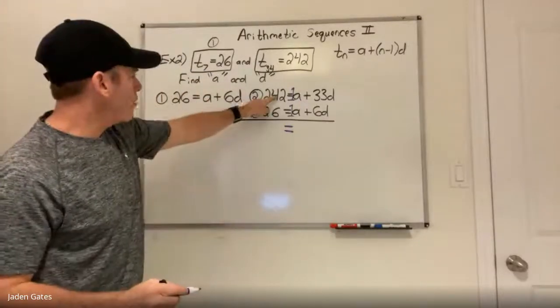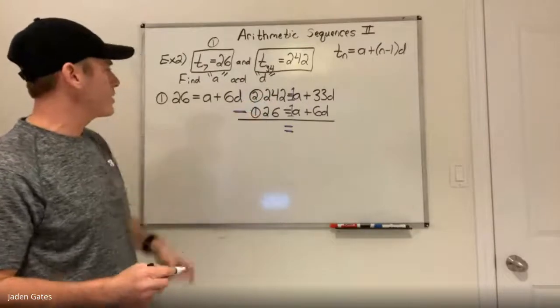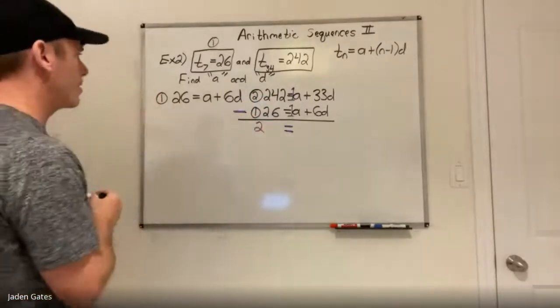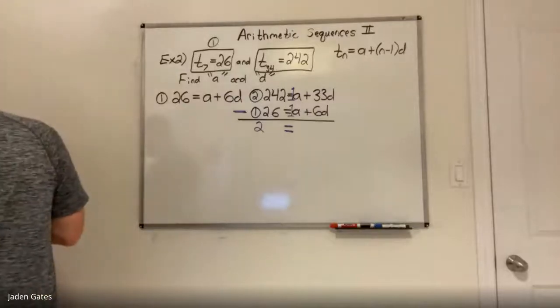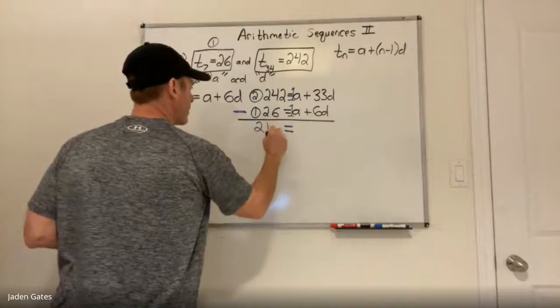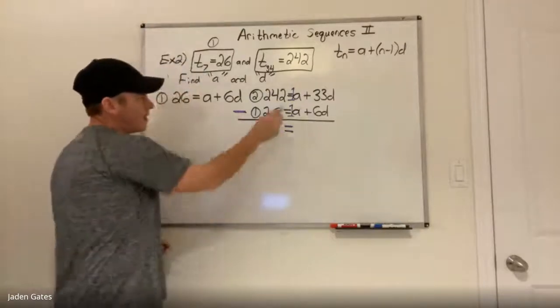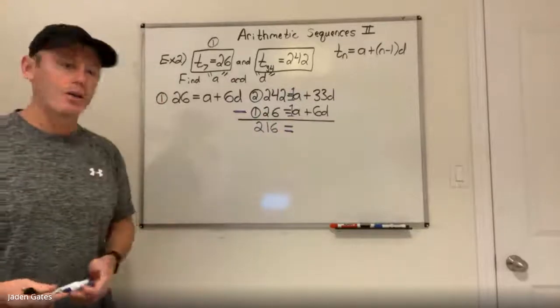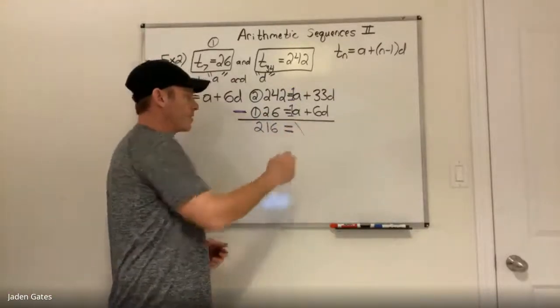So I take 242, subtract 26. That's going to be 200 and something. Let's see here. I don't want to mess it up. It's 216. All right. Now I get to my A. So 1A minus 1A. The reason it's called elimination is because there's no A's left. It's gone.